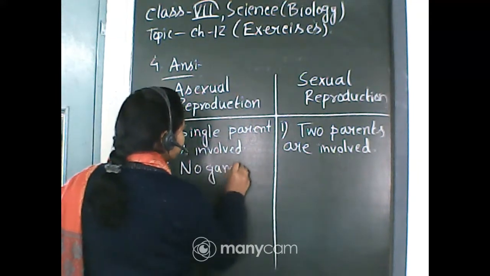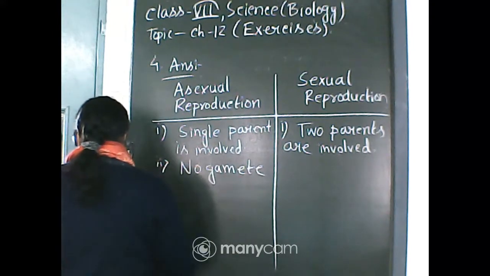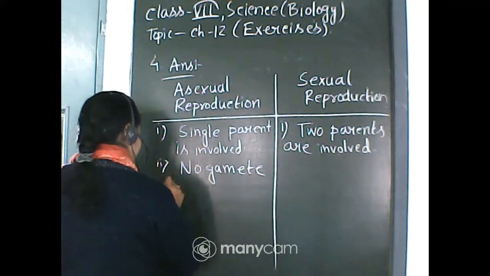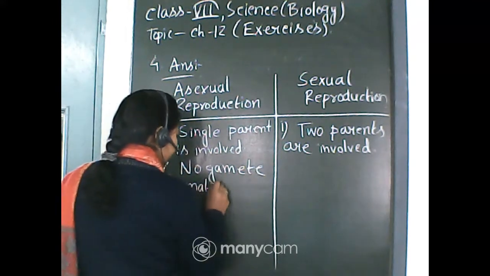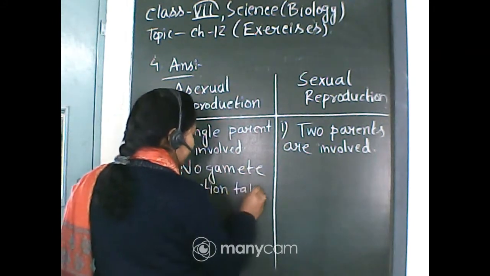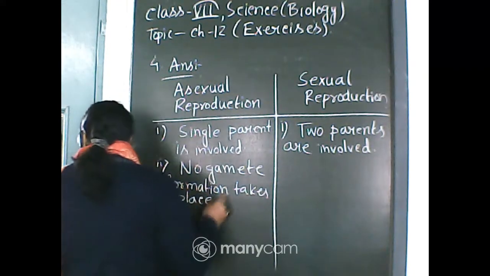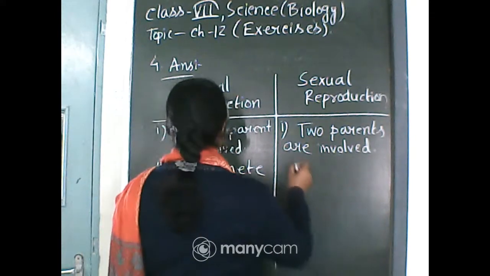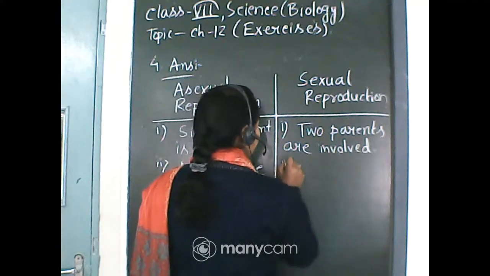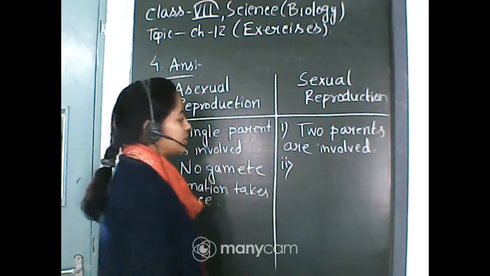No gamete formation takes place. Here, in sexual reproduction, gametes are formed. You know, without gametes sexual reproduction is impossible.